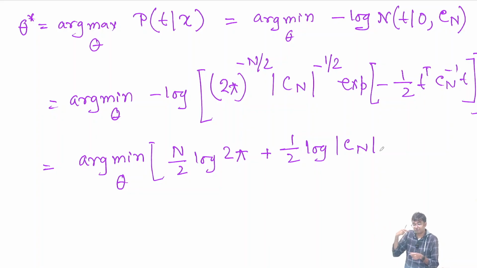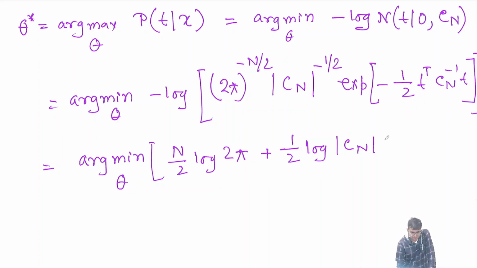You should not first find the determinant and then take a log. Check Python, check MATLAB. There are inbuilt routines which can compute the log determinant efficiently and accurately, and you should use those, because otherwise it sometimes creates problems.